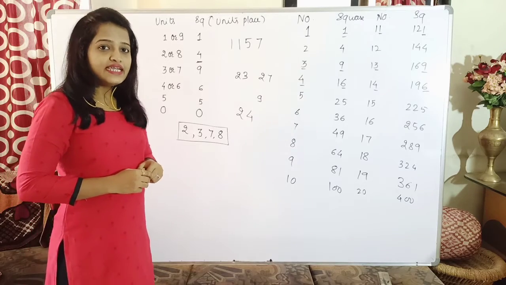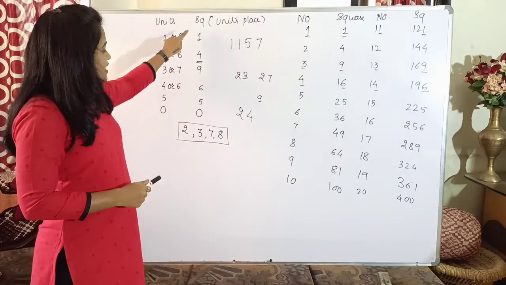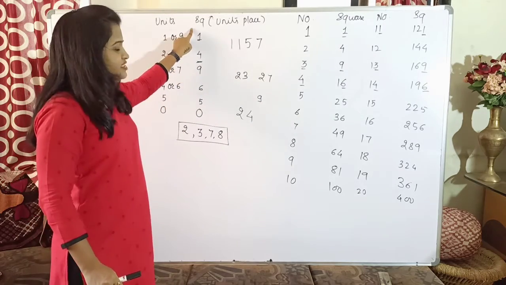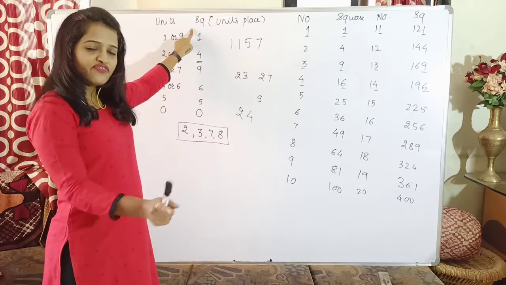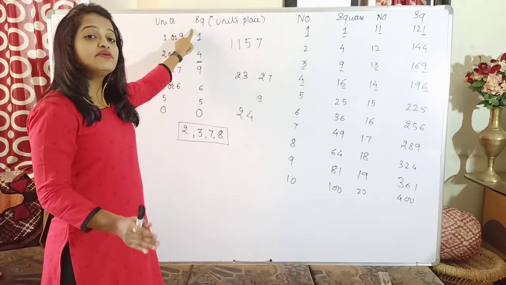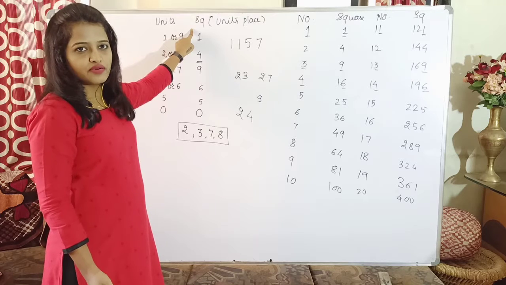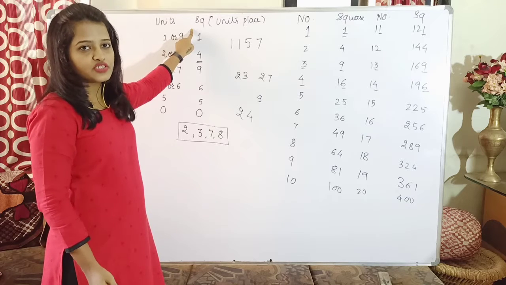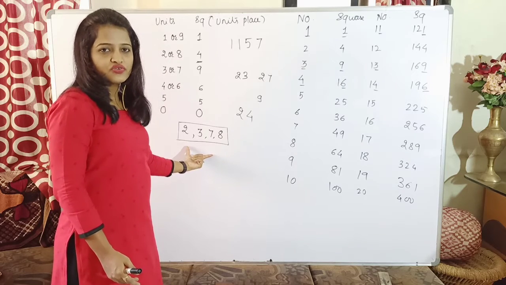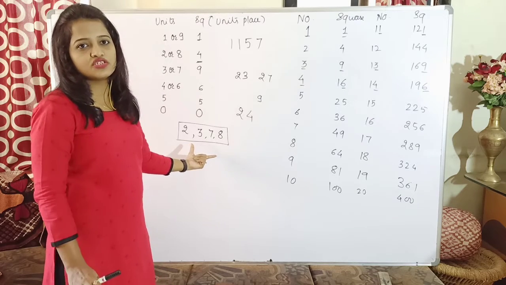It means that it is not compulsory that if any one of these digits is present in the unit place, then that number will definitely be a square. It may or may not be a square. But if those other digits are present in the units place, then definitely they are not squares.